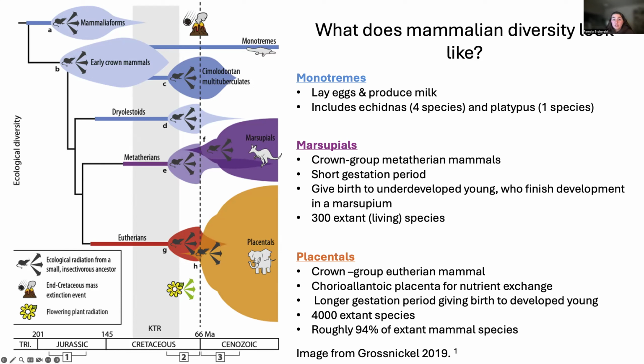They also generally have a longer gestation period before giving birth, and they give birth to more developed young. Most living mammals are placentals. There are 4,000 living species, roughly 94% of them.